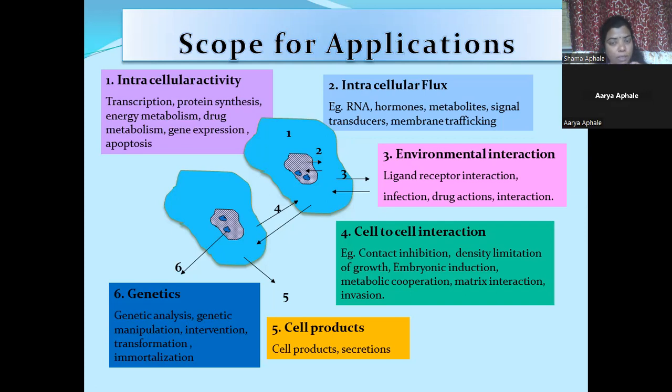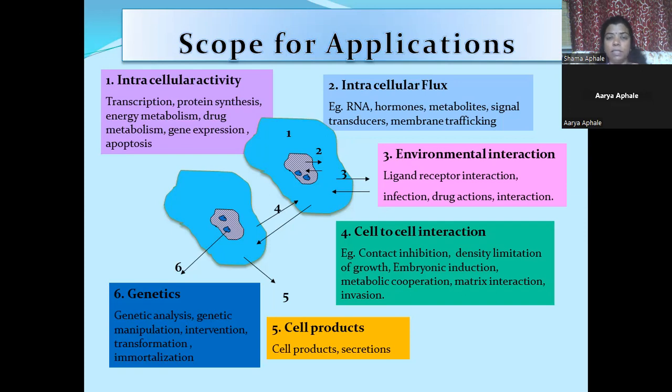Now, when we want to continue to use a normal cell line which has a definite lifespan, but we want to use the same cells for a longer duration of time and keep on culturing them for a number of more generations, we can introduce immortalization to these normal cells.